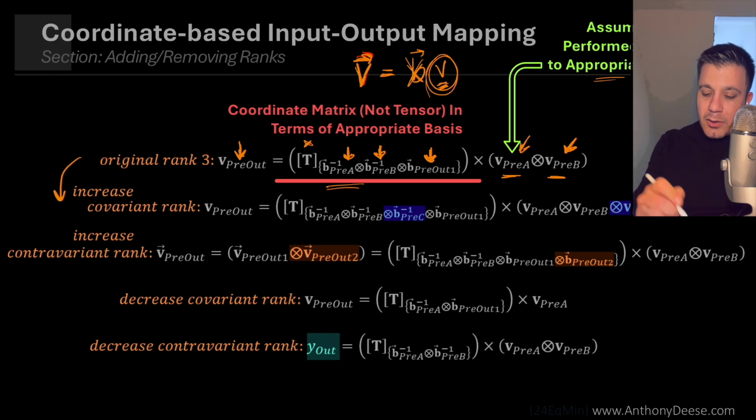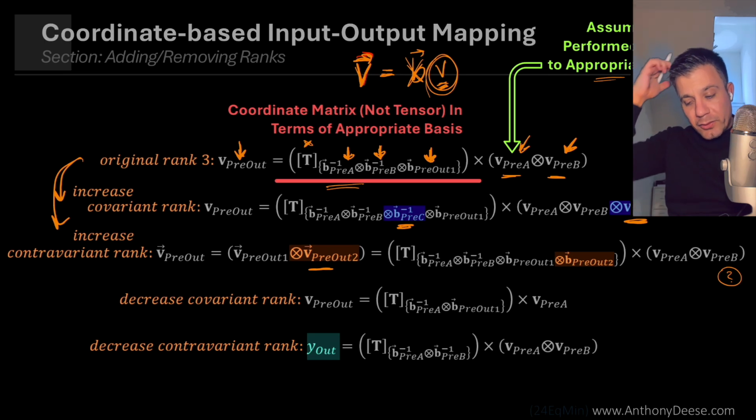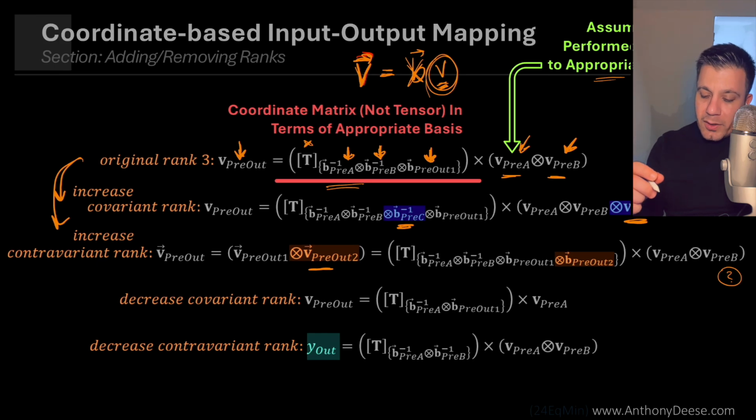If we increase the covariant rank, we have one more input and we have one more inverted or dual basis set. If we increase the contravariant rank, the number of inputs stays the same, but we now have a new output primal vector which gets incorporated into our final result. And actually, I apologize, I made a mistake here.